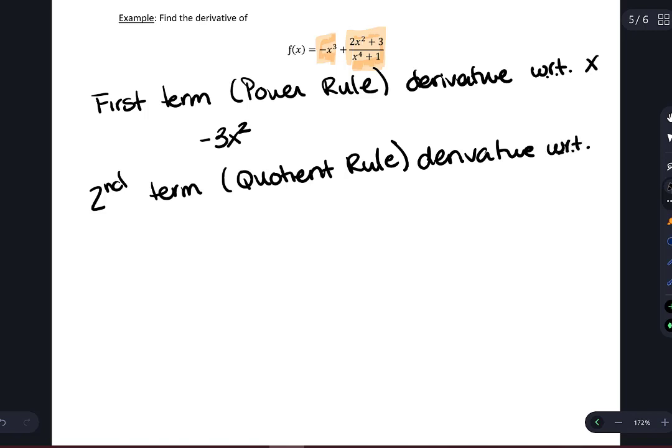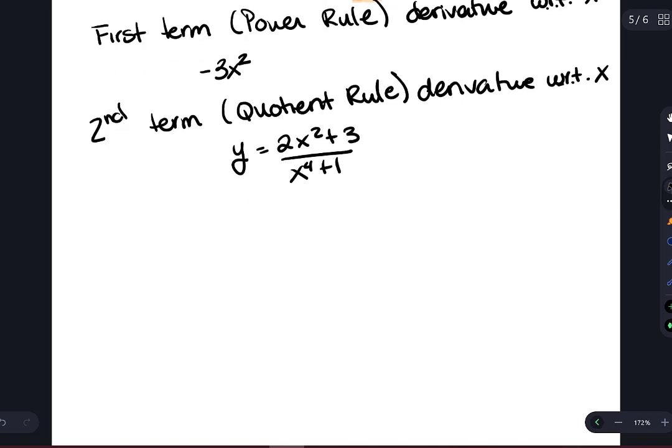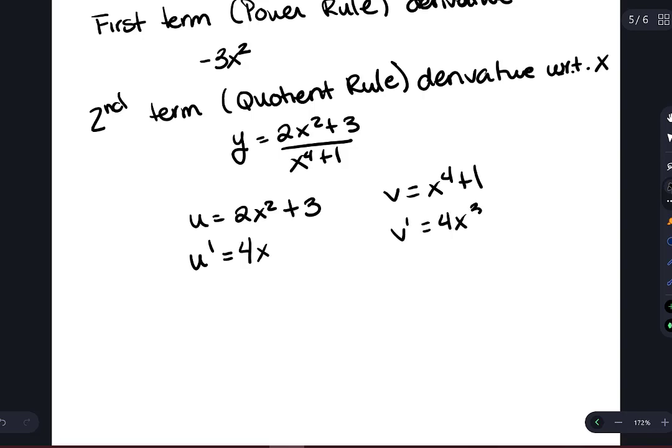with respect to x. Here, I'm going to let y be equal to 2x squared plus 3 over x to the fourth plus 1. So in this case, u is equal to 2x squared plus 3, v is equal to x to the fourth plus 1, u prime is equal to 4x, again using the power rule, and v prime is equal to 4x cubed.